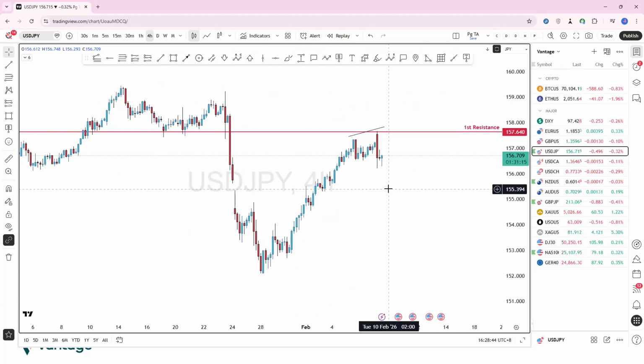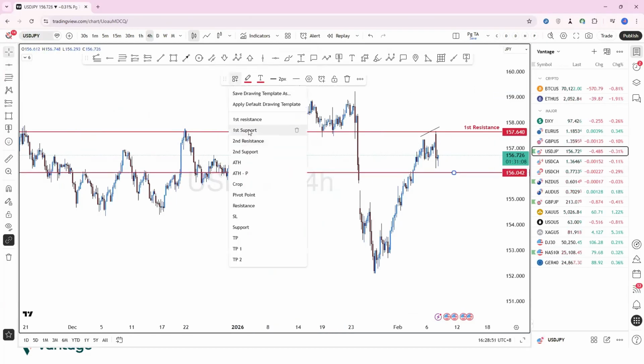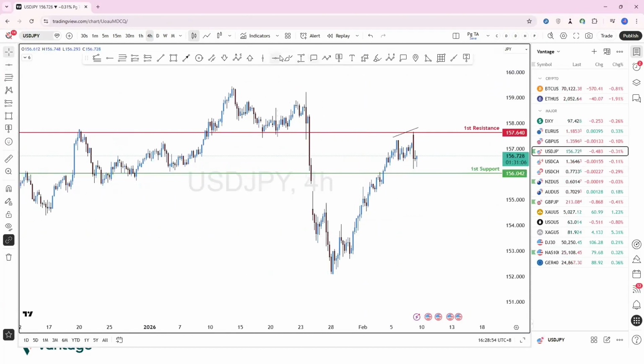Meaning we're gonna see the UJ falling to this first support. Second resistance is here.